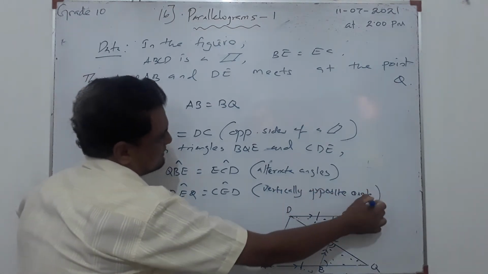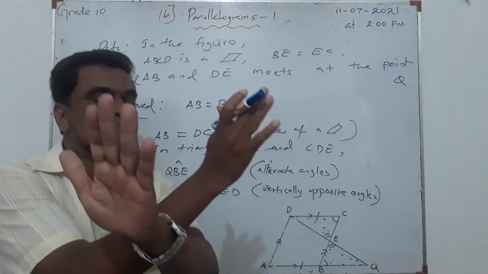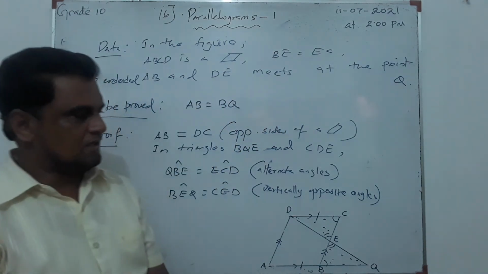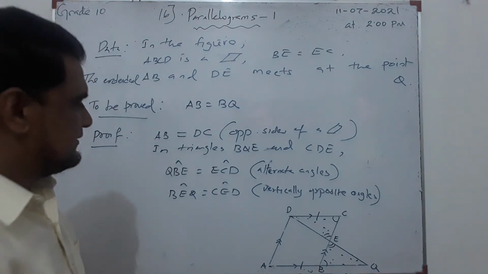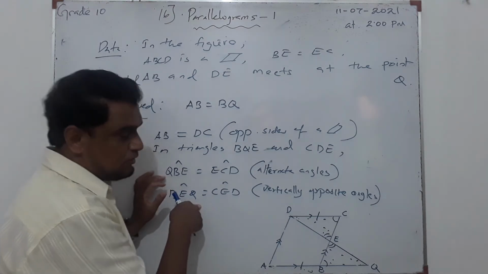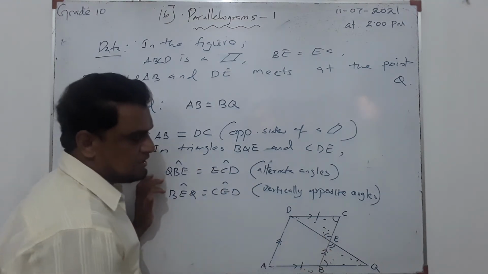Now you are very clear. Vertically opposite angles, this one is equal, this one is equal. Now we have shown two angles inside these two triangles.